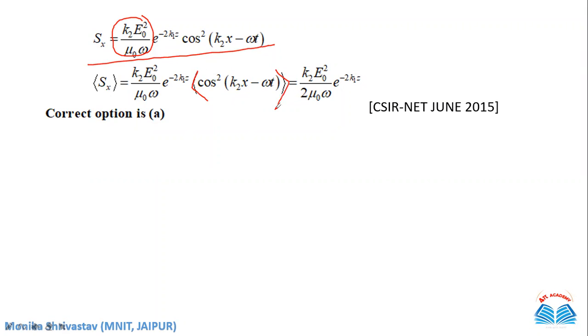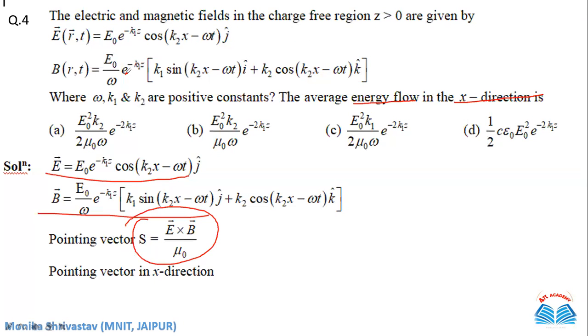Always remember that the average of cos square theta and the average of sin square theta are both equal to 1/2. Just note this down. So at last we get the average of S as K2 E naught square exponential minus 2 K1 z upon 2 mu naught omega. The correct option will be option A.